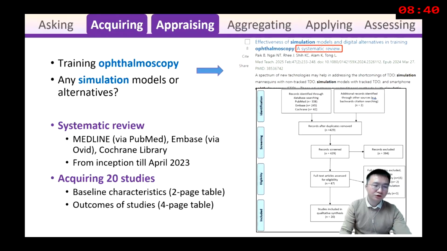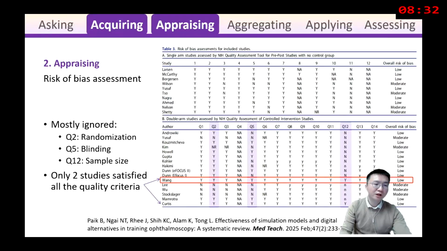The authors found 20 relevant articles and summarized them using 2 big tables. Then they used the NIH tool to assess the risk of bias and found most papers fail to consider randomization, blinding, and sample size calculation. Only 2 studies satisfy all NIH criteria, which are highly qualified and should be referred to first.